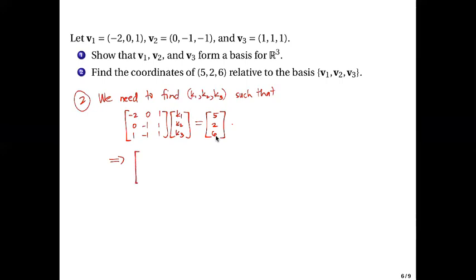So we find the RREF, okay, 2, 0, 1. Remember this, 5 and then 0, negative 1, 1, 2, and then 1, negative 1, 1, 6. Augmented matrix, we find the RREF.